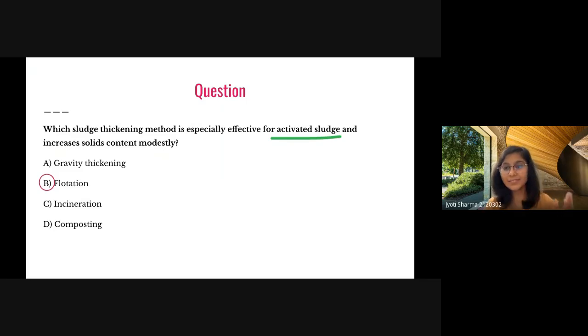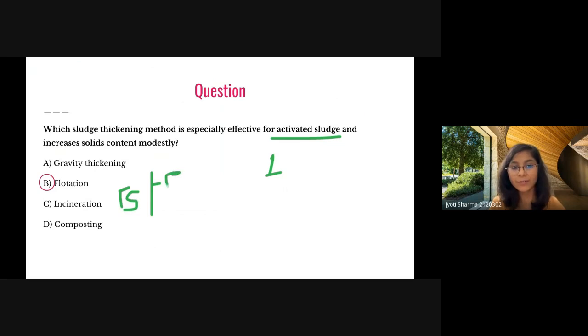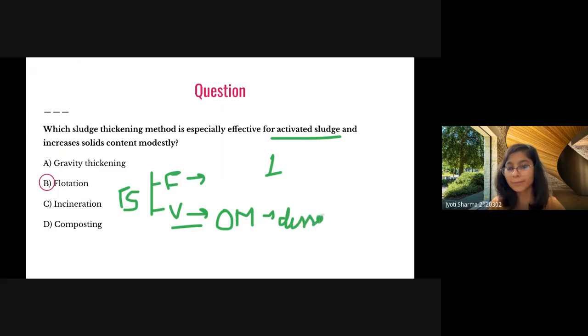Let's start from the beginning. We had total solids. In the total solids, we had fixed solids and volatile solids. Volatile solids have mostly organic matter, and volatile solids are also dissolved ones. We also talked about how the specific gravity of volatile solids is less.